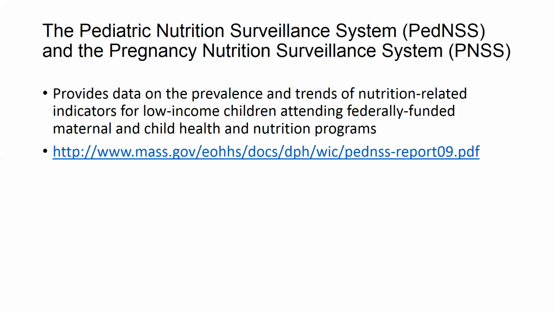If you're ever interested, it is publicly available data. You can find it on the Massachusetts government website, DPH's Department of Public Health, and you can get a very comprehensive look at this information.